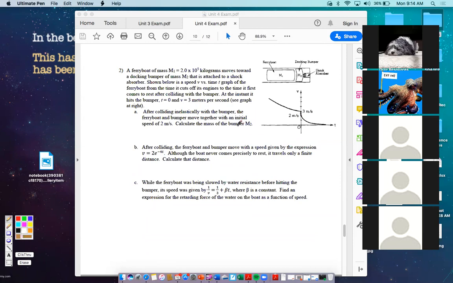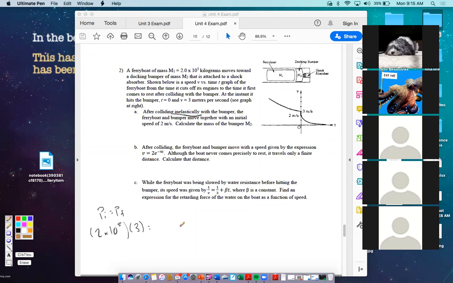This is a simple conservation of momentum question. P_i equals P_f. I'm going to do it down here where I have more room. I know that the mass of the ferry boat is 2 times 10 to the 5th, and that before the collision, it was moving at 3 meters per second. And it's an inelastic collision, because I wish it had not told you that. You should be able to figure that out on your own because you're big boys and girls. You know that it's basically going to stick to the docking bumper.